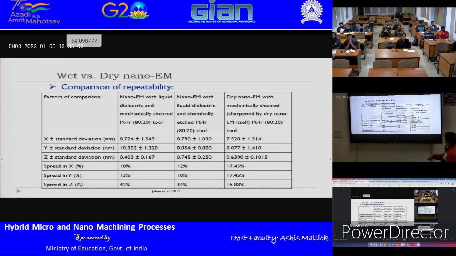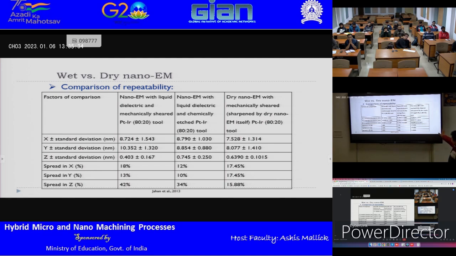So this is for liquid dielectric. This is for mechanically sheared, chemically etched, and mechanically sheared with dry nano EDM. This is also interesting. At the beginning I said mechanically sheared tools are not good, but we found that if you use dry EDM, you can use a mechanically sheared tool for longer, because it goes through some tool sharpening.